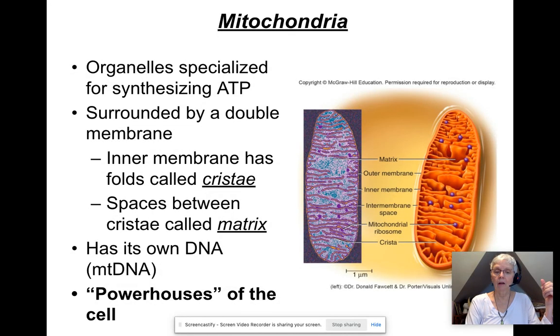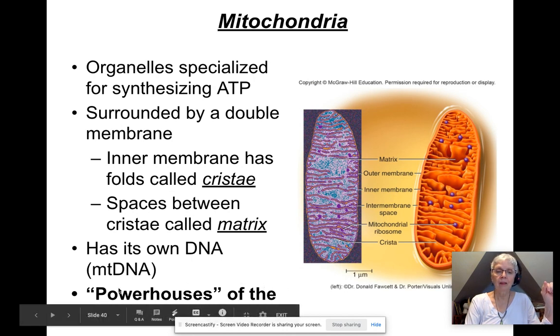It's called mitochondrial DNA. Now, the thing about mitochondrial DNA is that it's only from your maternal side. So, only your mother gives you DNA that sits in your mitochondria. And these are called the powerhouse because they make the ATP.